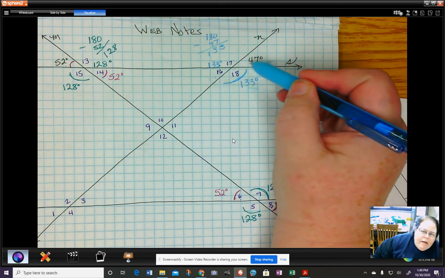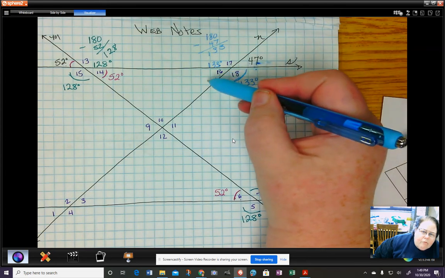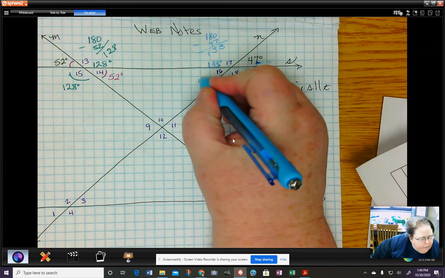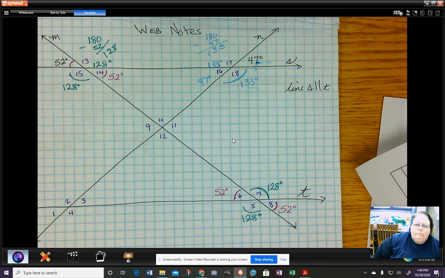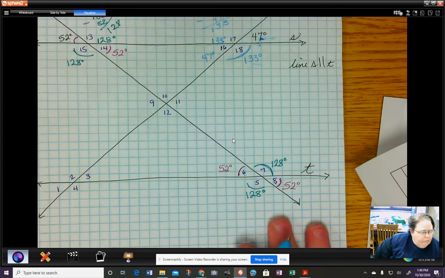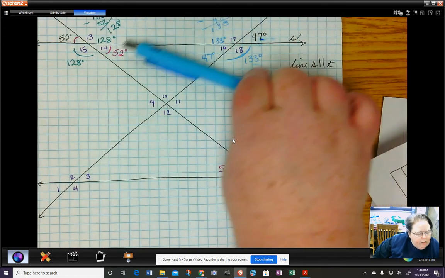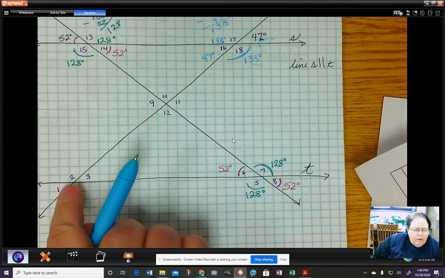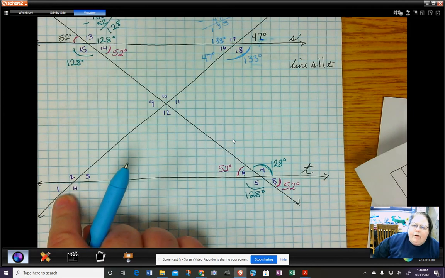So 16 is the same as the one across from it, which is 47 degrees. Okay, so I found all four of those. Now I need to find their corresponding angles as I travel down life's little highway called Transversal N.